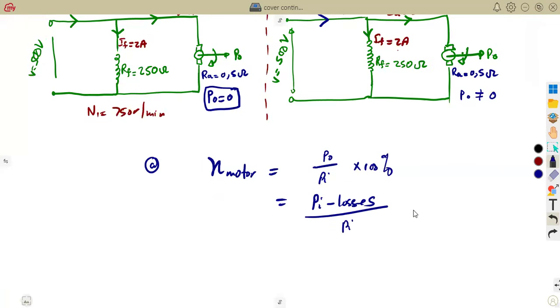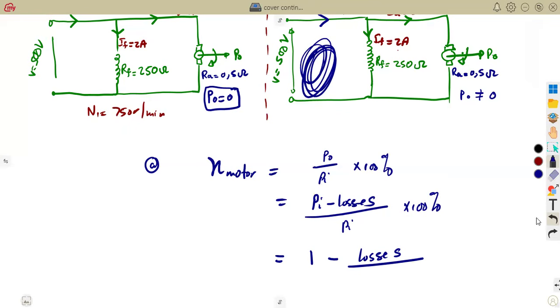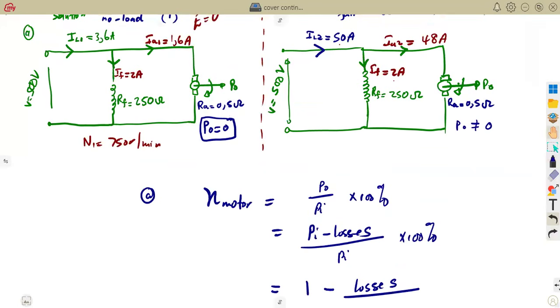Just for the sake of revision, you are going to divide both by the input, then you end up with 1 minus losses over the input, where the input is the one that you consider at full load. So it's voltage times the load current at full load. So use this current at full load.